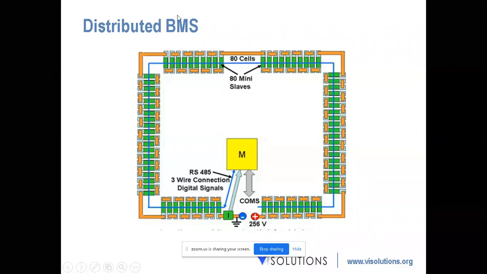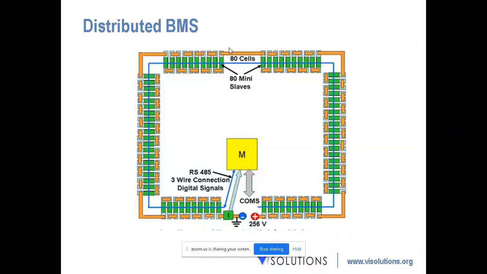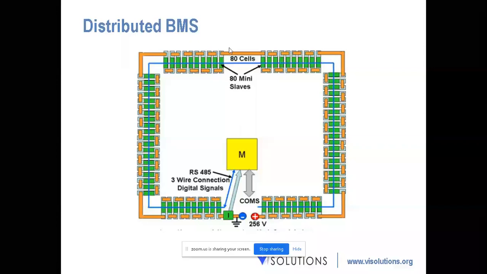Current electrical vehicles are distributed because a large number of battery cells will be available inside, for example 268 cells. You cannot expect a single battery management unit. You need to do cell balancing for all 268 cells, so it's going to be distributed.